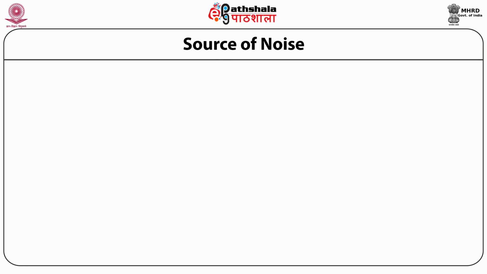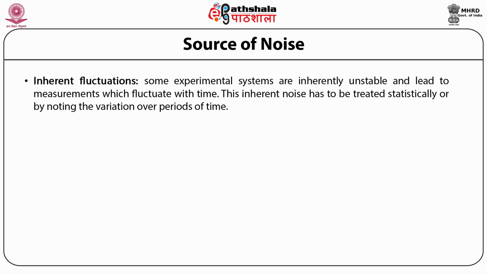Let us now discuss the different sources of noise. First one is due to inherent fluctuations. Some experimental systems are inherently unstable and they lead to measurements which fluctuate with time.